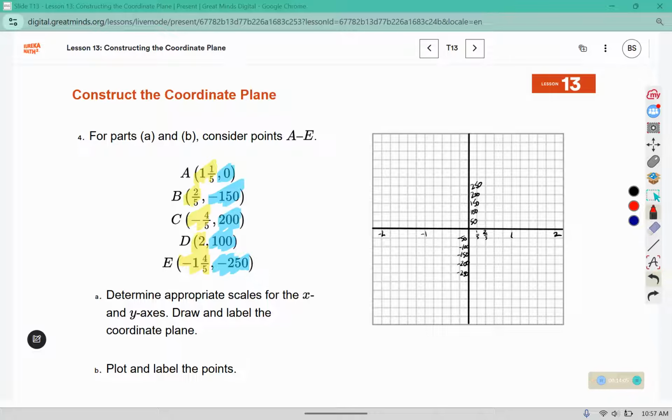To graph the points, we're going to go over 1 and 1/5 and up 0 for A. For B, we're going to go over to 2/5 and down to 150. For C, we're going left 4/5, 1/5, 2/5, 3/5, 4/5, and up to 200.